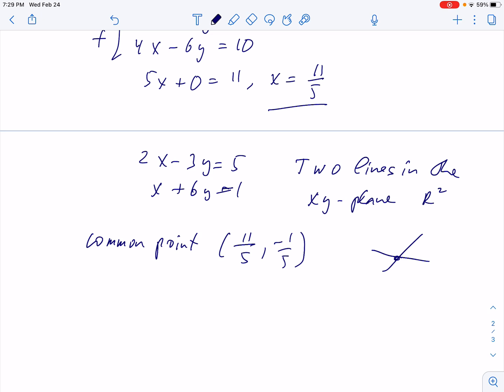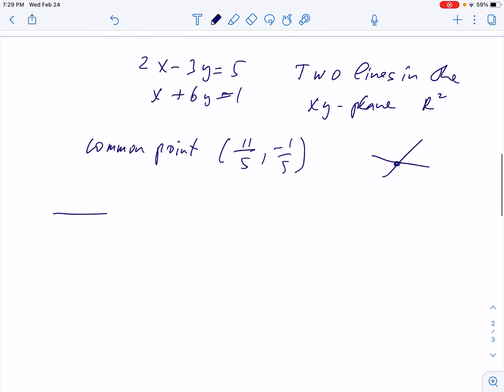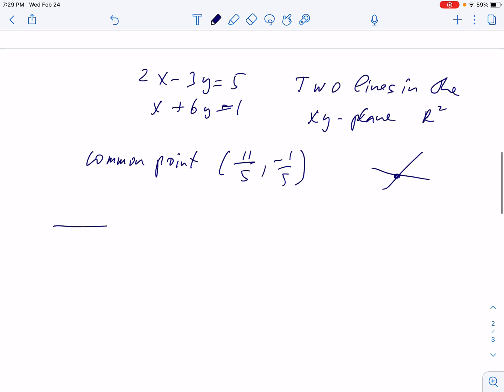Now I want to continue further and look at equations with three variables. Look at this system. x minus y plus 2z equals 5. 3x, and the second equation does not have y, so I'm leaving space and I'm writing plus z just under the first z, and this equals 3.